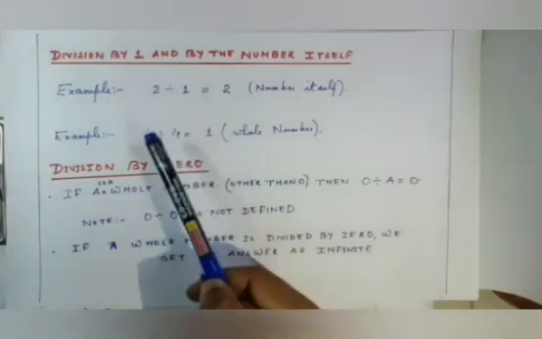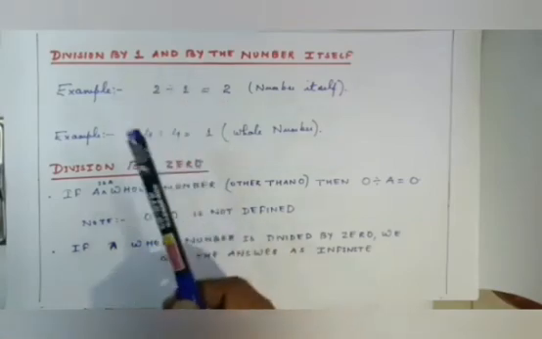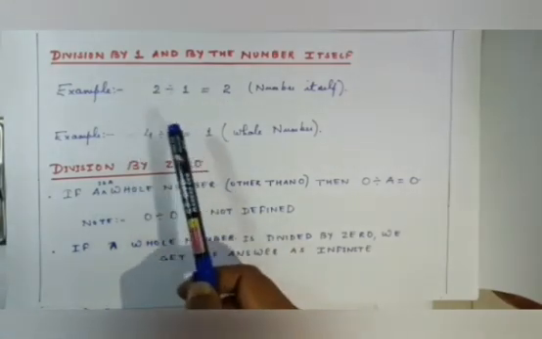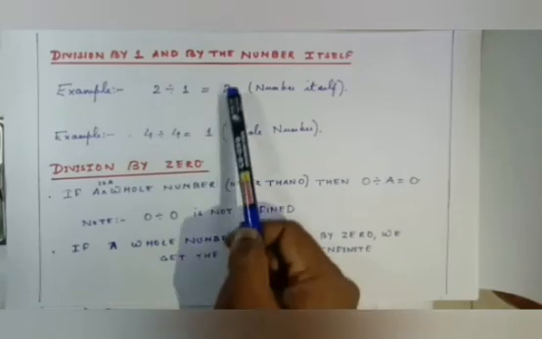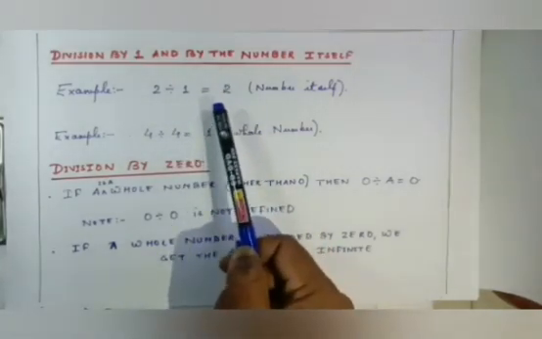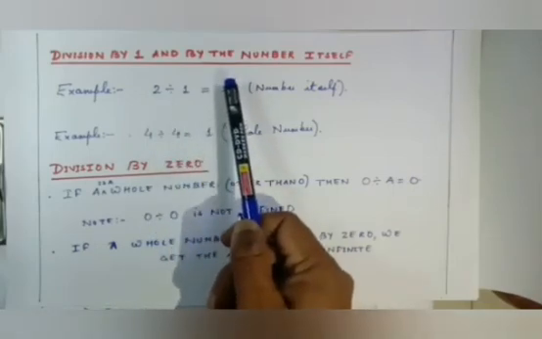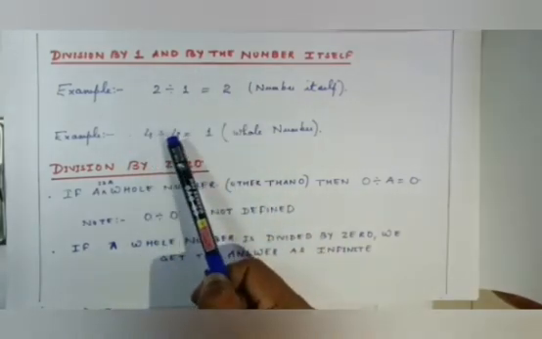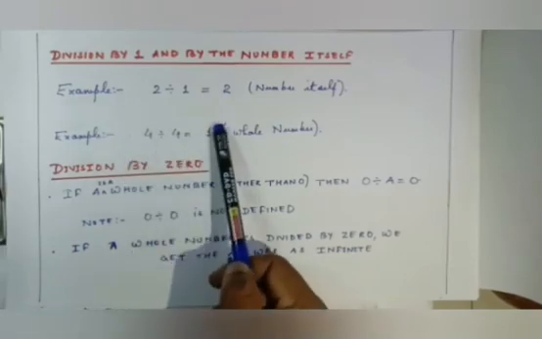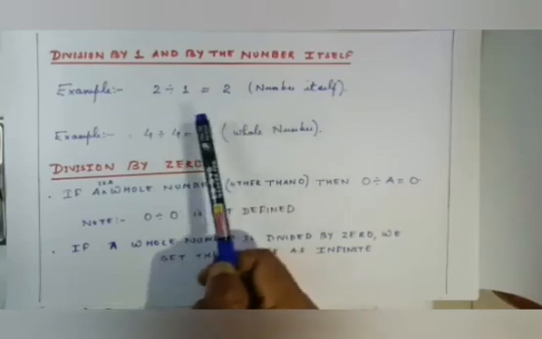So there are two cases, if a number is divided by 1 or if a number is divided by itself. There are two different answers. When a number is divided by 1, we get the number itself. But when a number is divided by itself, we get 1 as a whole number. I hope it is clear.